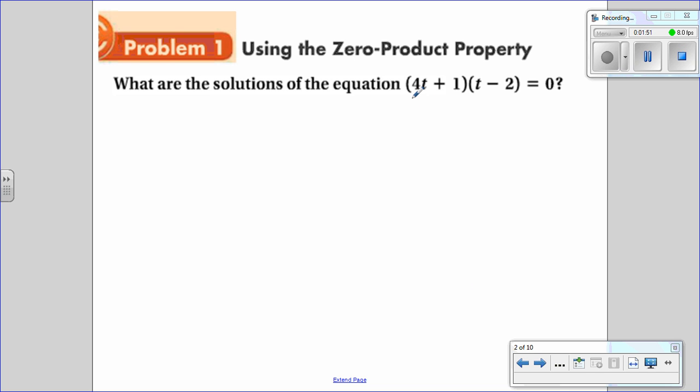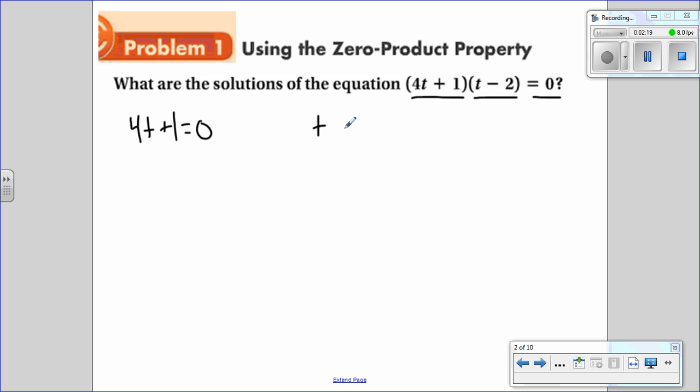So here's an example. If this binomial times this binomial equals 0, one of these two has to be equal to 0. And so let's find out what t values work to make this 0. The first one, we're going to write 4t plus 1 equals 0.